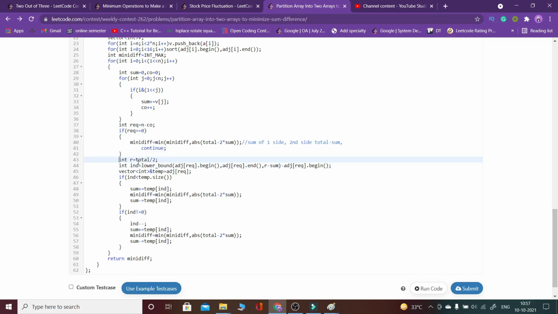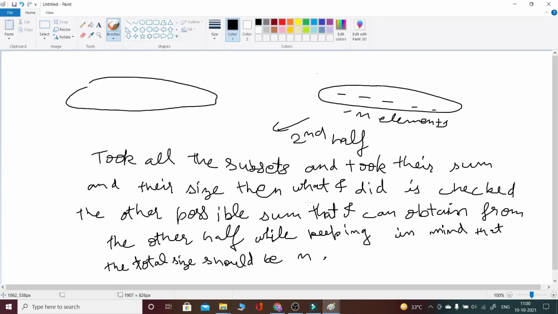So yeah, now what I have done is I have stored total by 2 into a variable r. Let's see the approach. What if someone says you have to minimize the difference? What would you try to do?